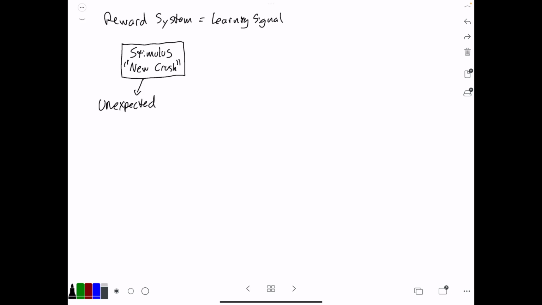And so there are two things about this new stimulus, about this new crush, is that it's unexpected, and it's what I'm going to call pro-fitness, which is any kind of stimulus that is either going to enhance an organism's ability to survive or reproduce, right? So in this case, it's obviously a signal that's pro-fitness from the perspective of pro-reproductive success.